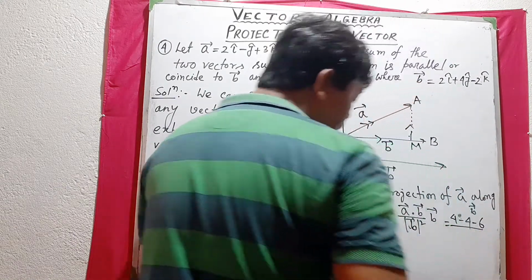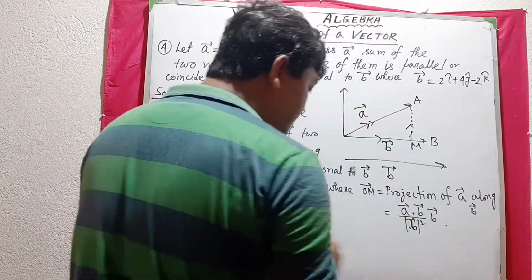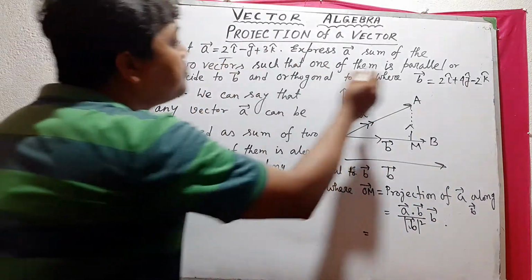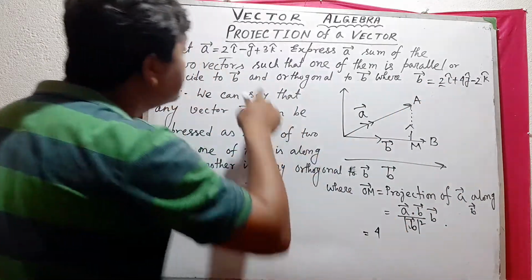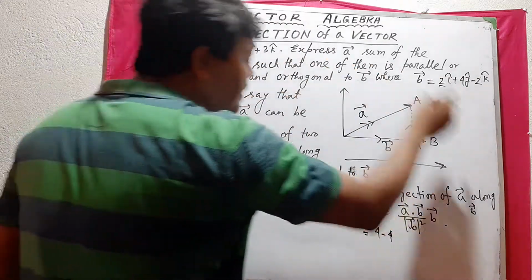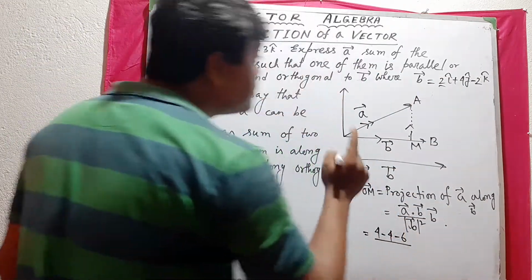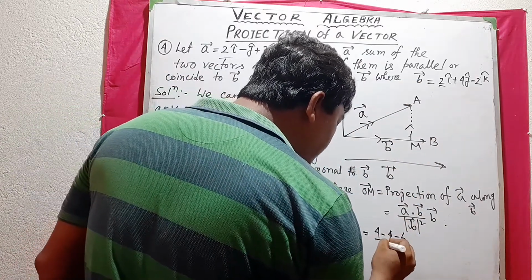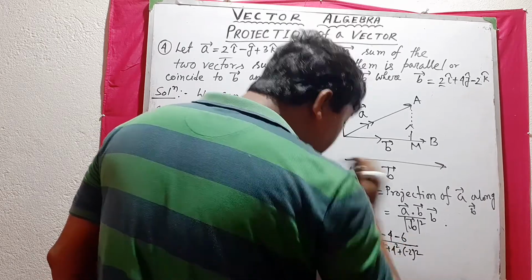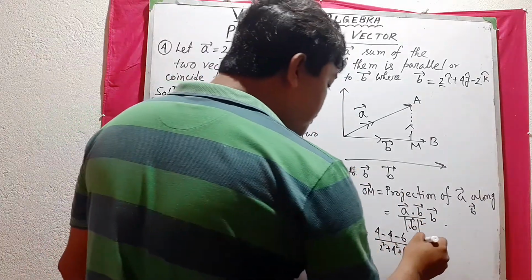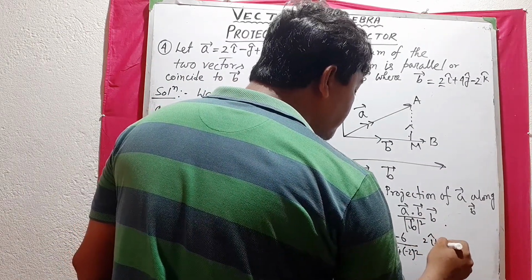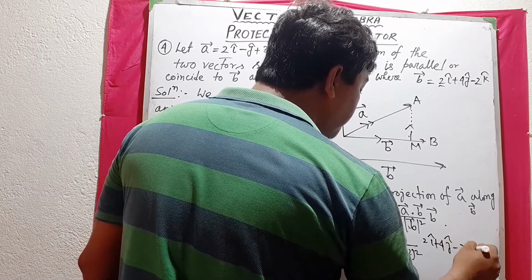ওকে এখানে ইরেজ করে দিই, a ডট b that is 2 into 2, দেখো 2 into 2 that is 4, একবারে করছি, minus 1 plus 4 that is minus 4 plus 3 minus 2 that is minus 6 by mod b square, 2 square plus 4 square plus minus 2 whole square, তার স্কয়ার তো স্কয়ার রুট তাহলে ওটা থাকলো, into b vector, what is b vector, 2i cap plus 4j cap minus 2k cap.